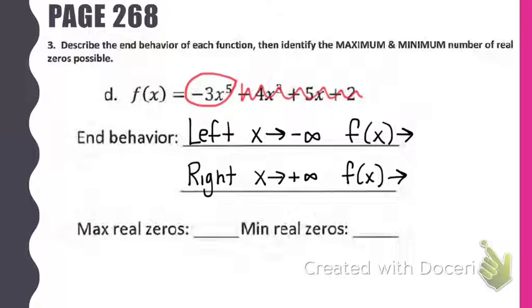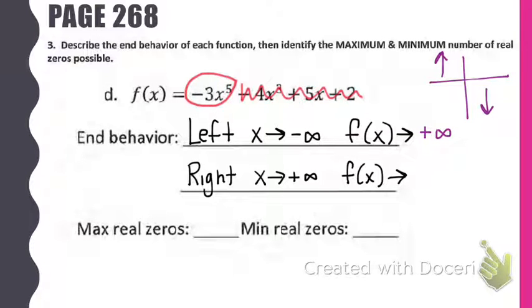So because this is negative, that means that the right side is going to go down. Show me with your thumbs, what is the left side going to do? It's going to go up. Good. So where it says left, because it goes up, we're going to say positive infinity.